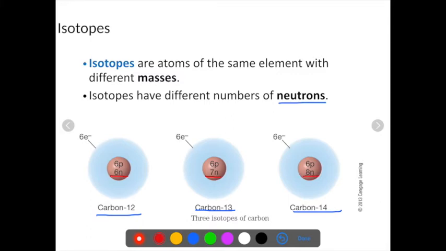That's why we name the isotope based on its mass number. All elements have isotopes, but their protons are the same and their mass numbers will be different. To find the mass number, we take protons plus neutrons.